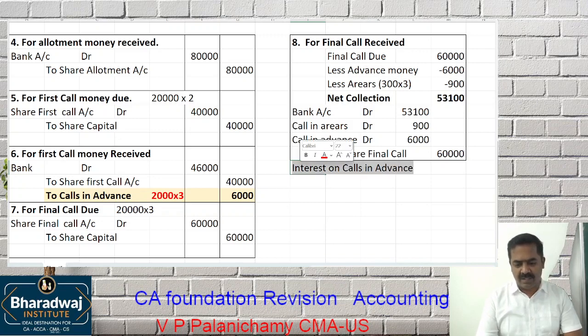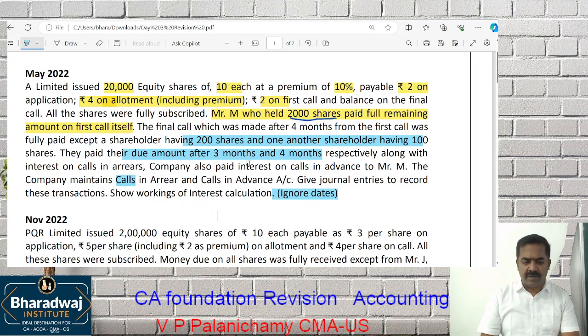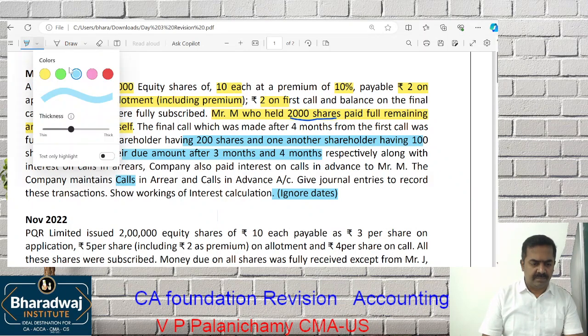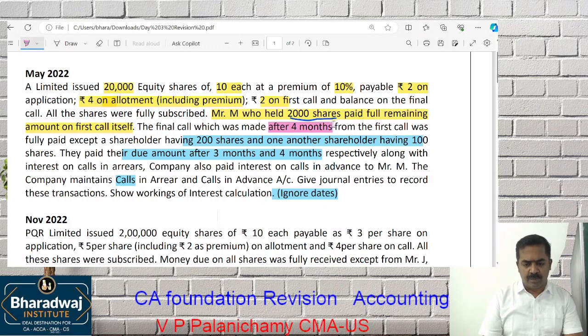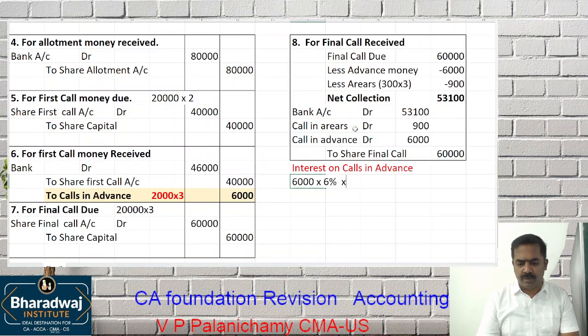Interest on calls in advance. How much calls in advance is there? 6,000 rupees into what percentage? 6%. We have to pay for how many months? What is the difference between final call and first call? It is given as after 4 months.